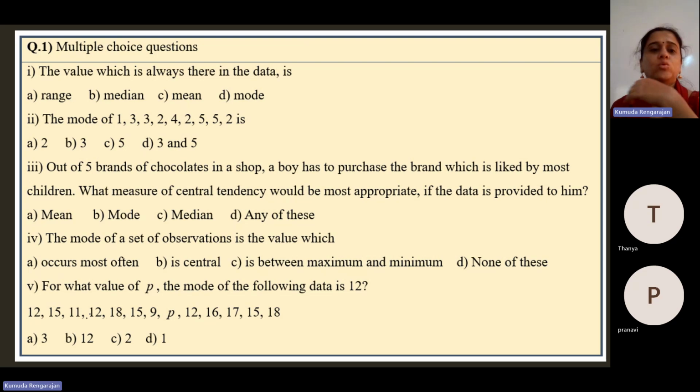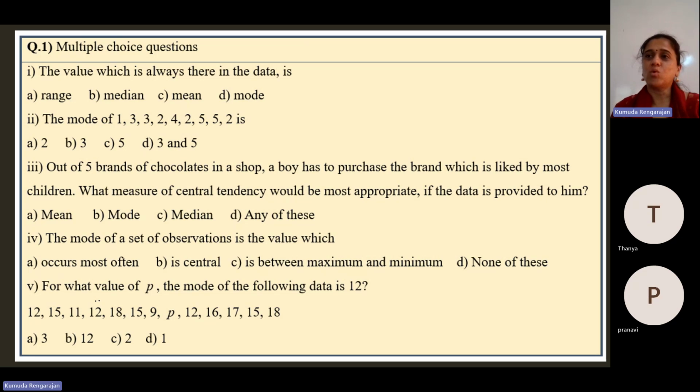The value which is always there in the data is... the answer is mode.